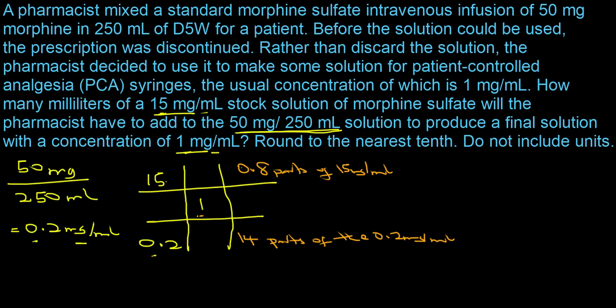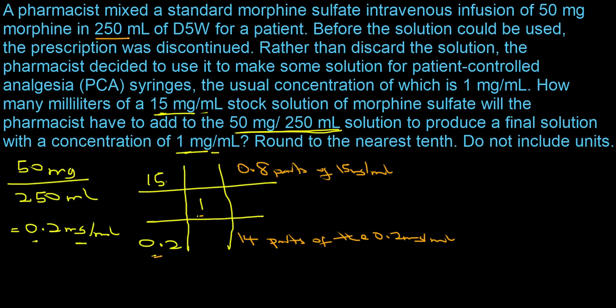So an elegant way to proceed with the solution would be to set up a proportion. But here it's important to recognize that the 250 milliliters refers to the volume of the 0.2 milligram per milliliter solution. And that's important because that will help us with the proportion.